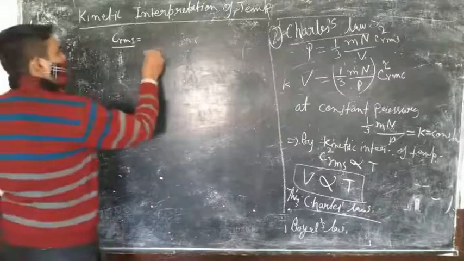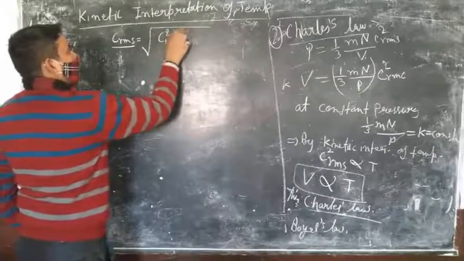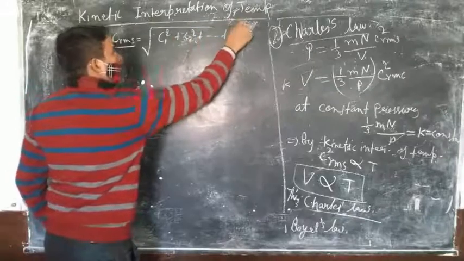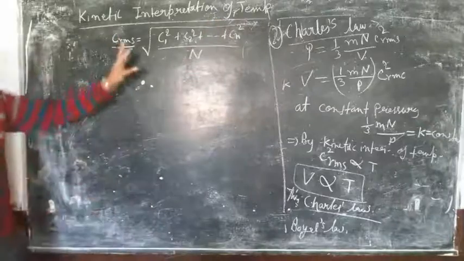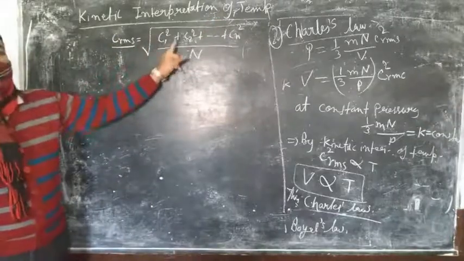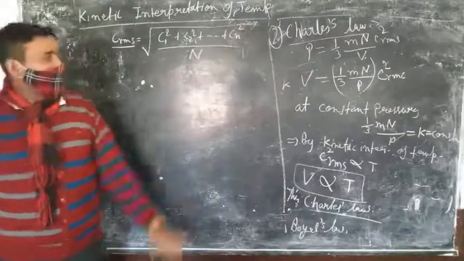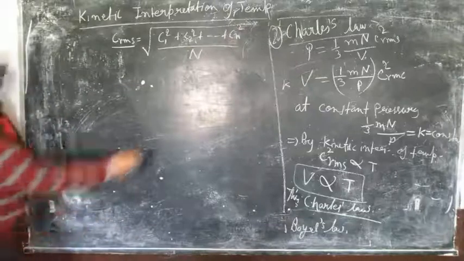For n molecules, each has velocity c1 square, c2 square, till cn square, divided by n. This is the arithmetic mean.